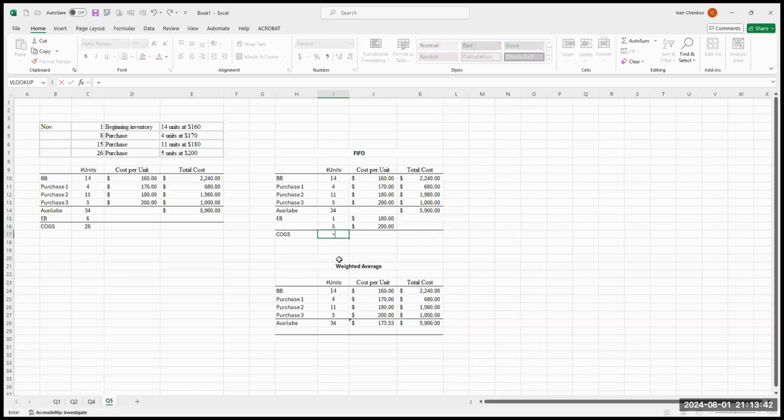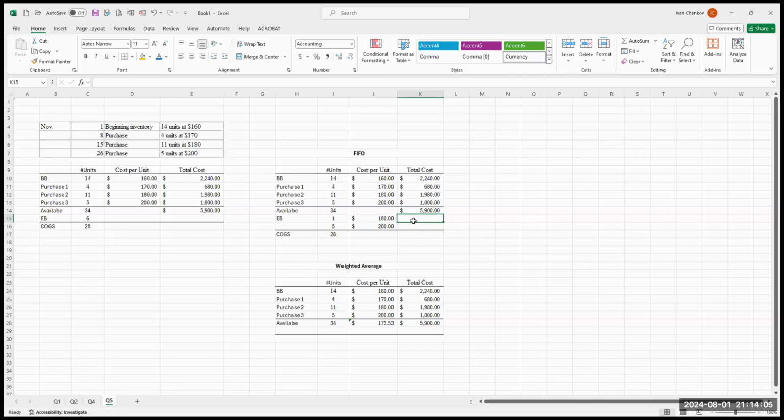How many units did you sell? 34 minus 1 unit left from purchase 2 and the 5 units from the last purchase. So I sold 28 units. Is that true? Yes, that's 28 units you sold. So what's the cost of my ending inventory?